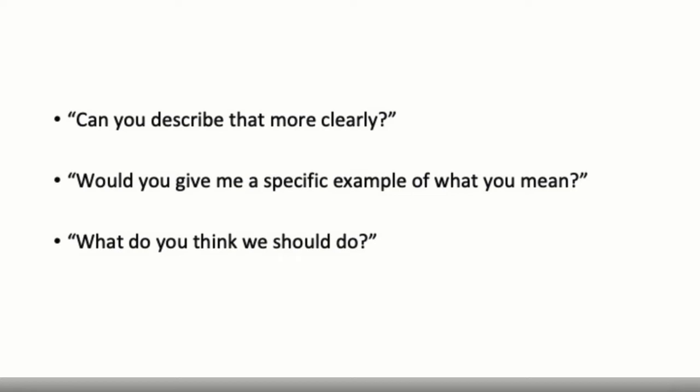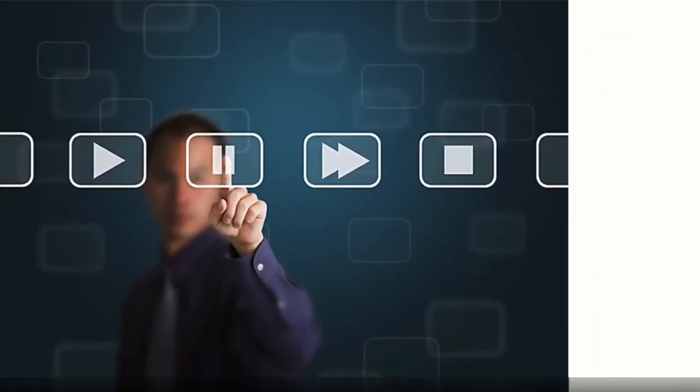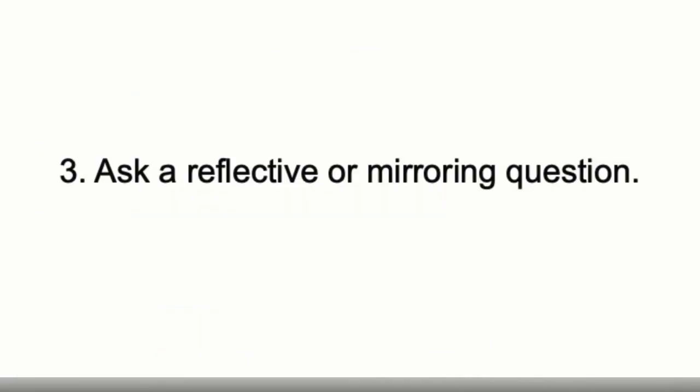The difficulty here is that if you ask too many of these, the other person begins to feel like they are under interrogation. A second, very effective way of probing is a pause. Stop talking. Let the other person speak. Let them fill the silence. A third way is to ask a reflective or mirroring question.